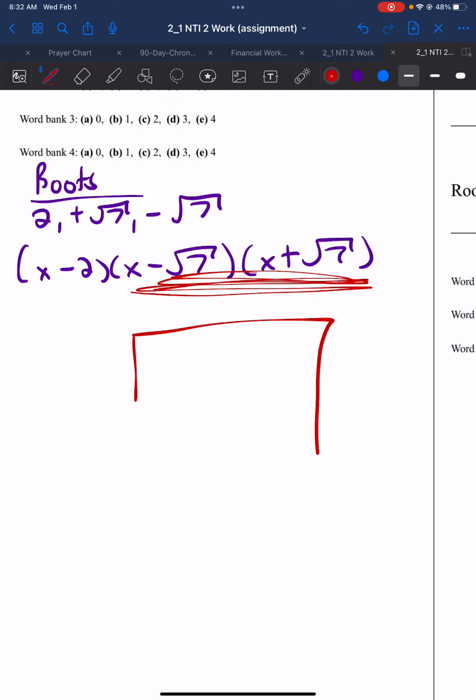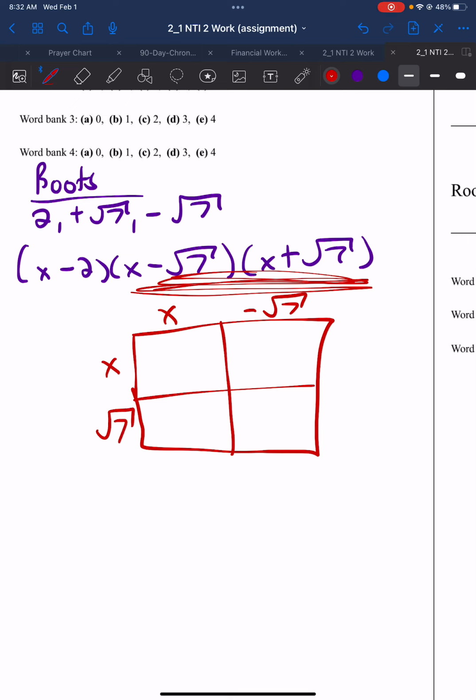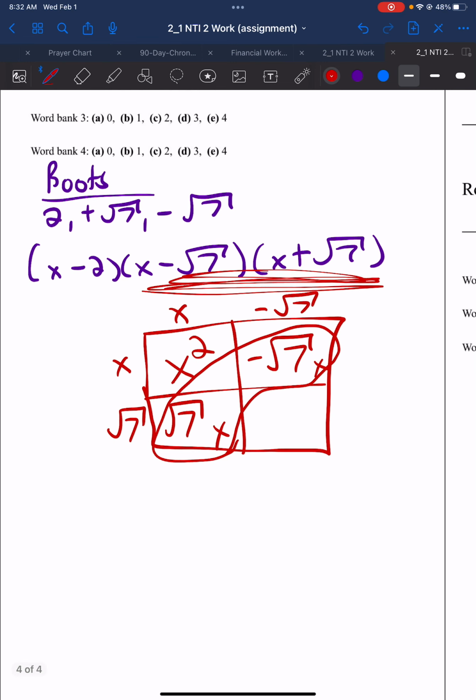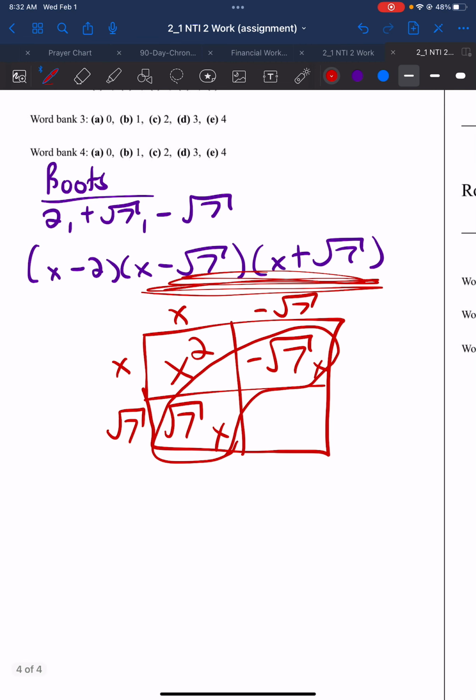We talked about it in class before, but just as a refresher, when I multiply these together, x and minus square root of 7, x and positive square root of 7, what's going to happen every time is these diagonal guys right here, I'm going to have -7 and positive 7, square root of 7. What happens right here? They're going to cancel out every time, because negative something plus positive something, if they're the same thing, they just cancel out.